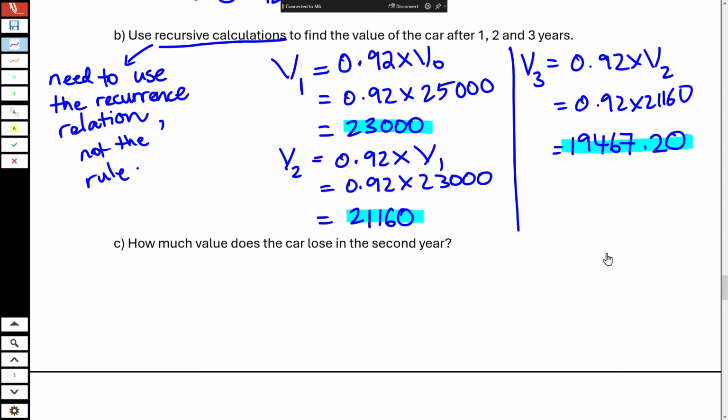Okay, and what calculation did you do, Sean, to get that? Is that it? Yep. Okay. Now, how do we know that this is the amount lost in the second year? And this is correct.